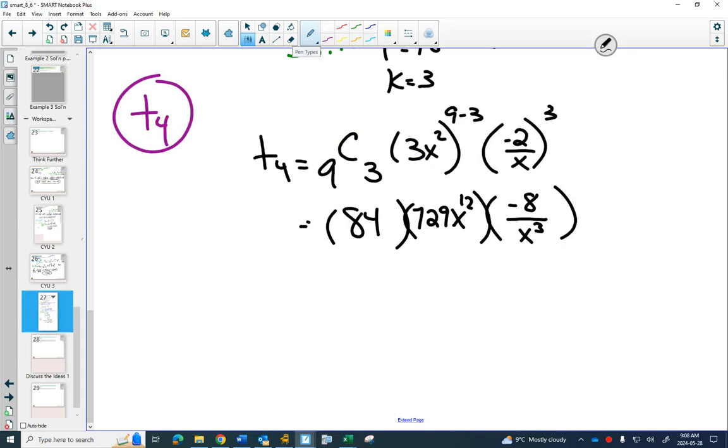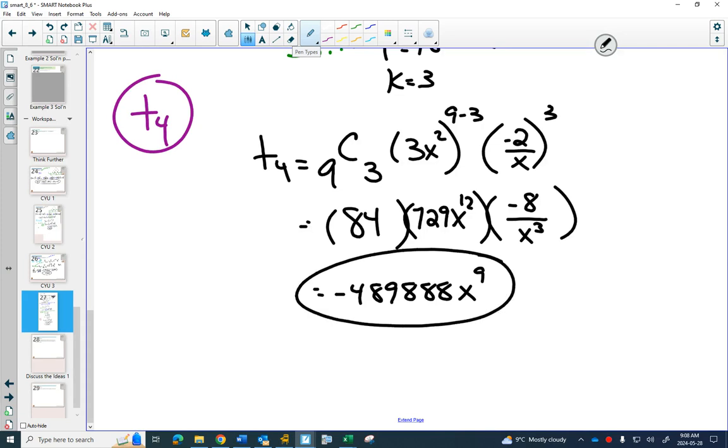So we can multiply our numbers together. We get negative 489,888. And we have x to the 12th in our numerator, x cubed in our denominator, and perfect. We get a term with an x to the 9, which was what the question was asking originally.